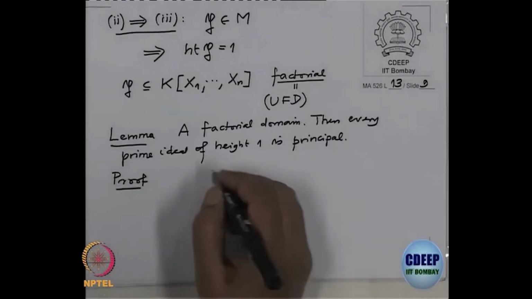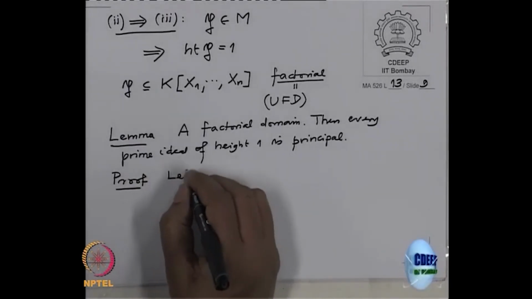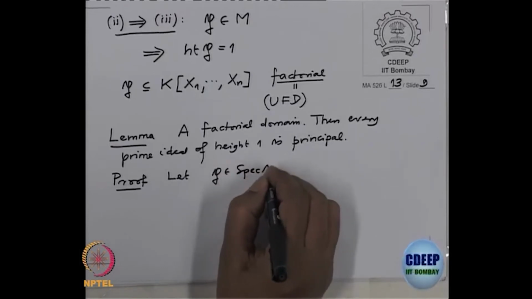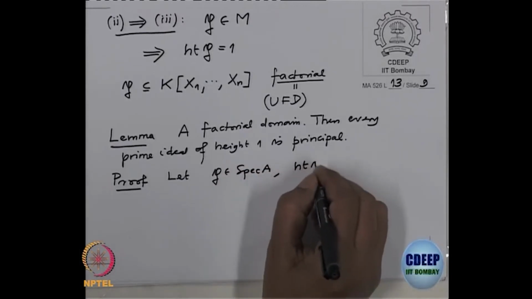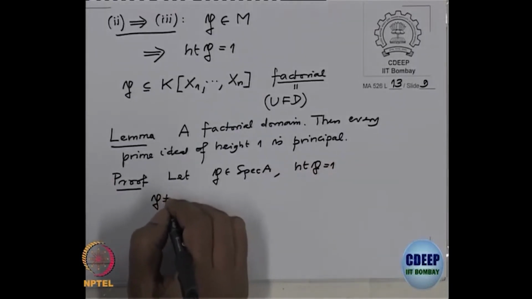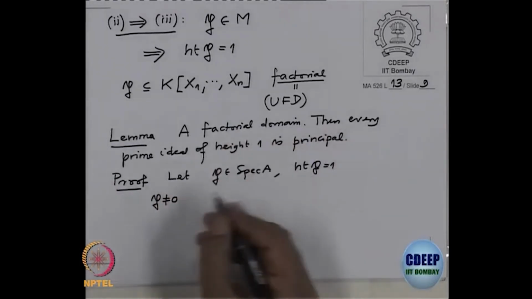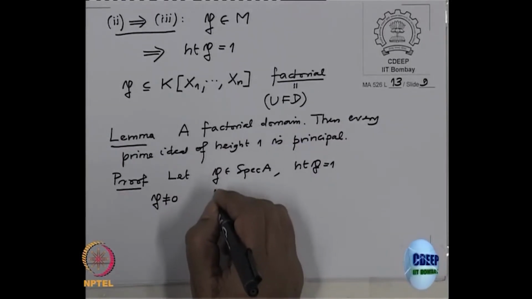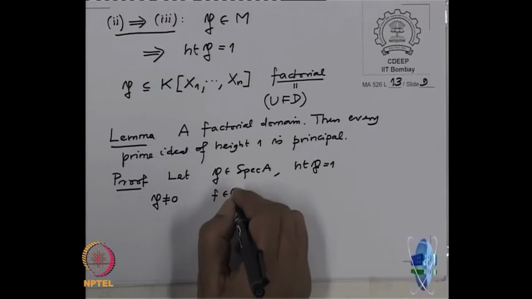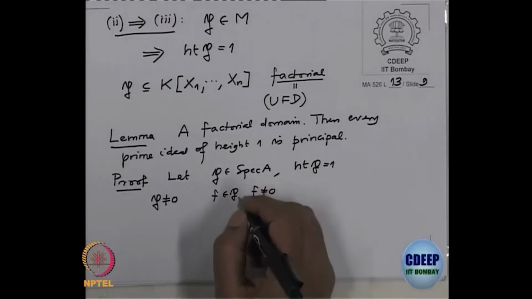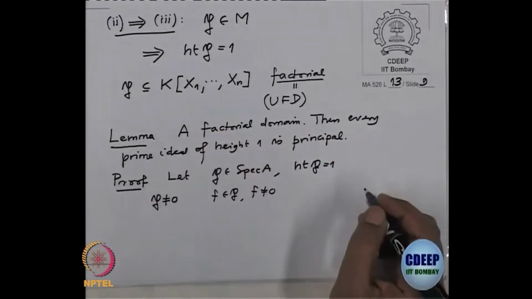So we are given a prime ideal of height 1. Let P be a prime ideal and height P is 1. So, therefore, P cannot be 0, since 0 is a prime ideal. P cannot be 0. So, it definitely has one element, say small f in P. f is non-zero, but the small f is an element in A. So, therefore, it has a factorization.